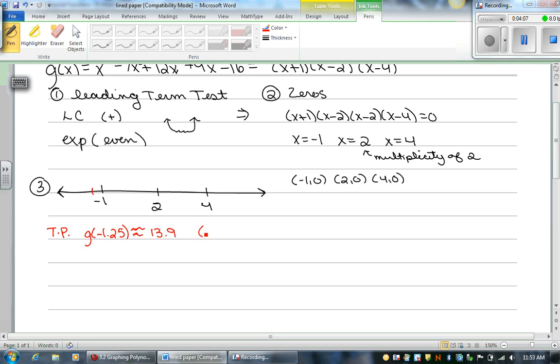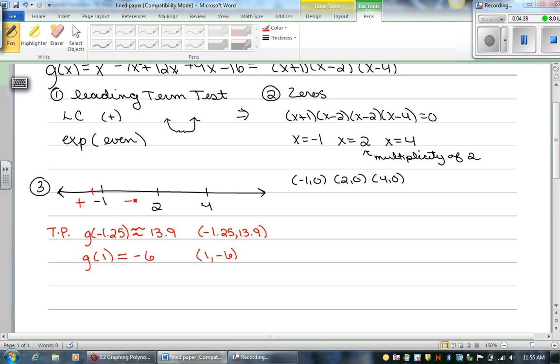So I've created another point for us to use a little bit later on when we get to graphing. Because I got a positive value, that means my function is positive here. It's above the x-axis. My next point, in between -1 and 2, let's say we use 1. 1 seems like a nice one. When I find g of 1 by plugging it into my function up here, what I find is it's -6.